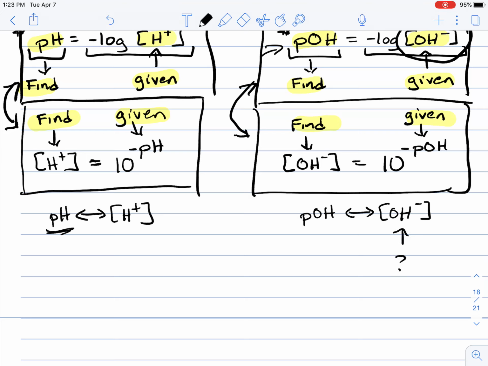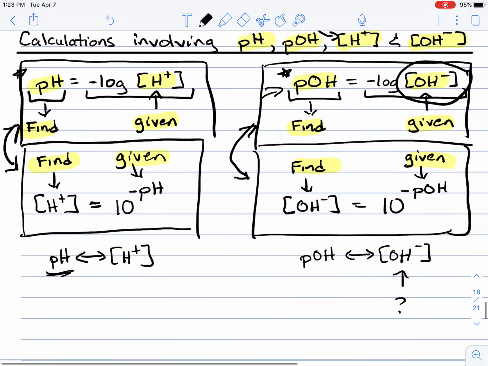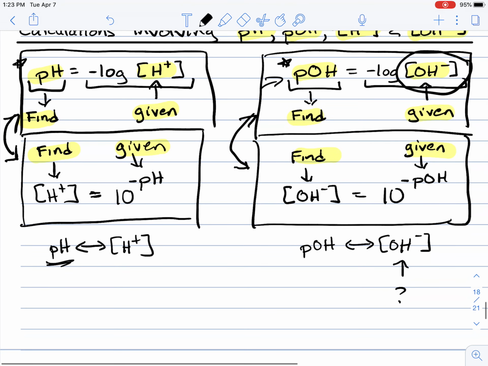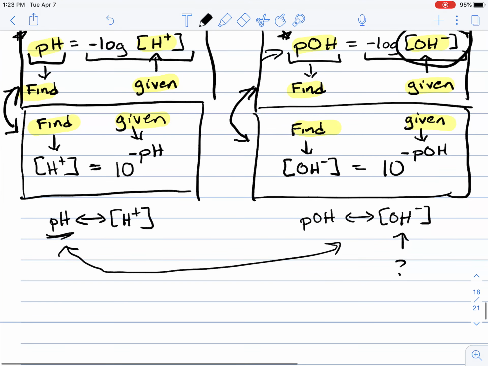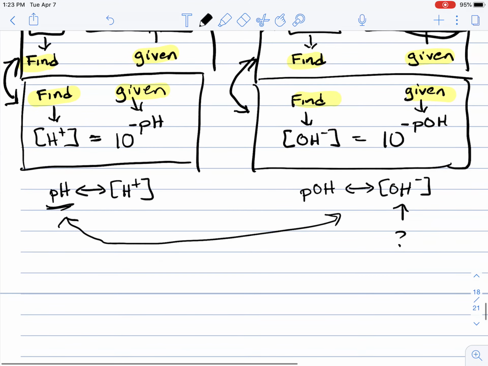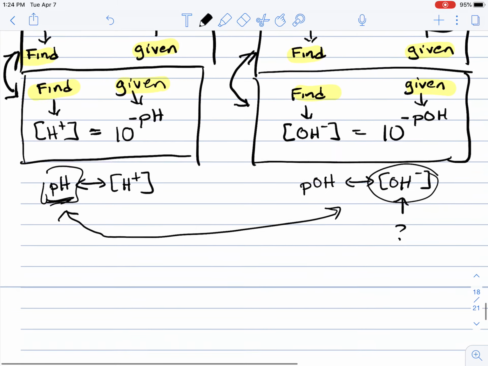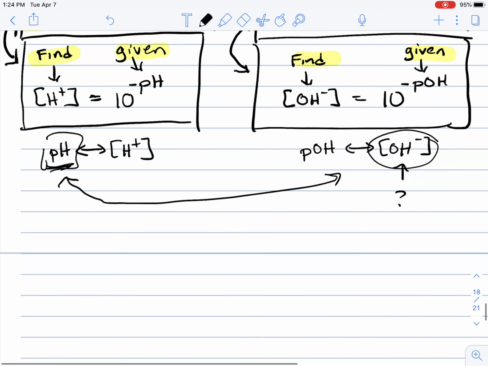Notice that I can't use these four equations to bridge one substance to another. So for me to go across, to transform pH into, for example, the concentration of hydroxide, I need a couple more equations to make that relationship.